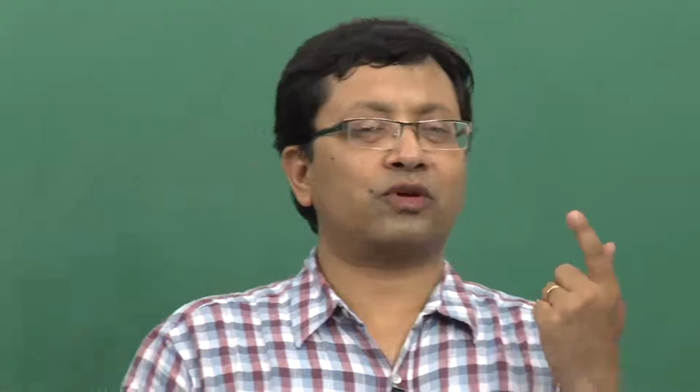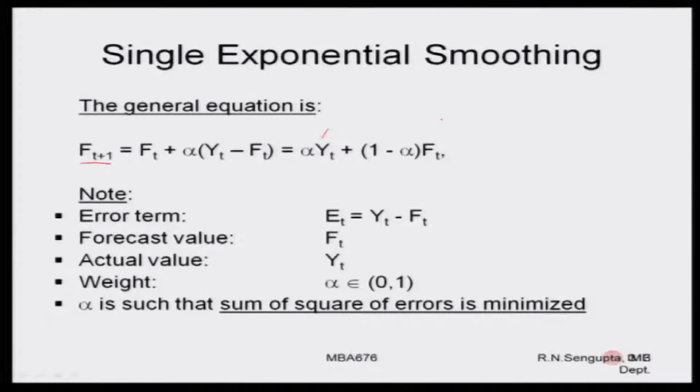Now, you may ask a question: why not make it much more inclusive of past-to-past data? Why not make, say, f t plus 1 give weightages to 4 such values? What are the 4 values? The predicted value and the actual value for t, and the predicted value and the actual value for t minus 1. So, standing on t plus 1, you give some weights, say alpha 1, alpha 2, alpha 3 and alpha 4.